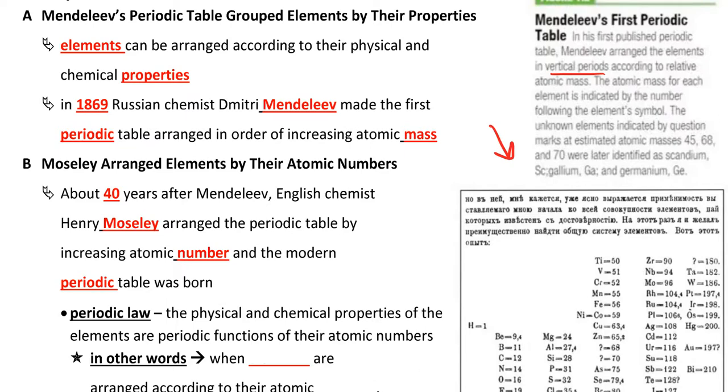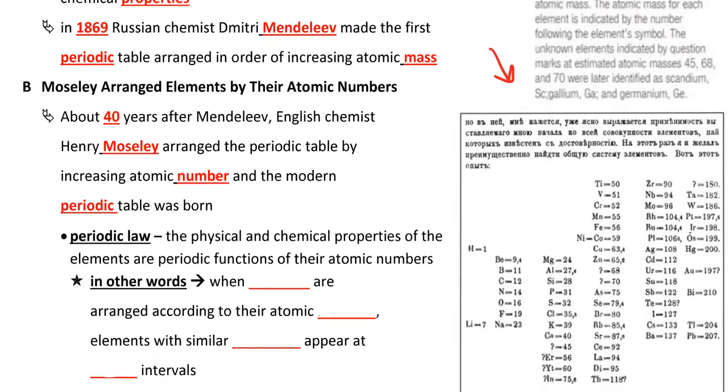Now, as we move forward, this chapter has a lot of content to learn. It's not a lot of math like some of the previous chapters, but there are a lot of concepts and ideas to understand, and some of that includes vocabulary. One of the first vocabulary terms we have here is periodic law. Periodic law states that the physical and chemical properties of the elements are periodic functions of their atomic numbers.